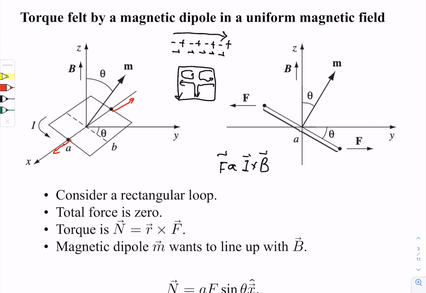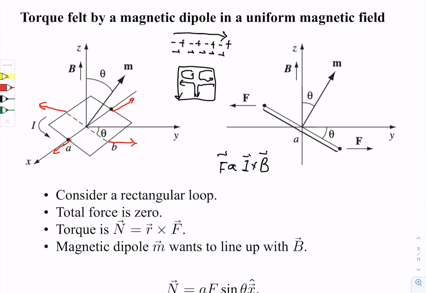Now we can also determine the force on this segment and that segment. If you apply the same right hand rule, you should always get a force that's to the outside. So if you combine all the forces, it seems that the total force is 0.